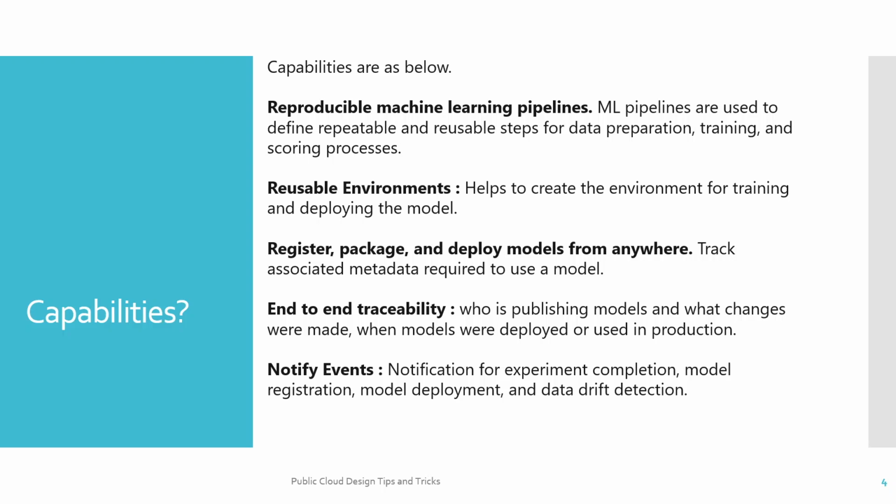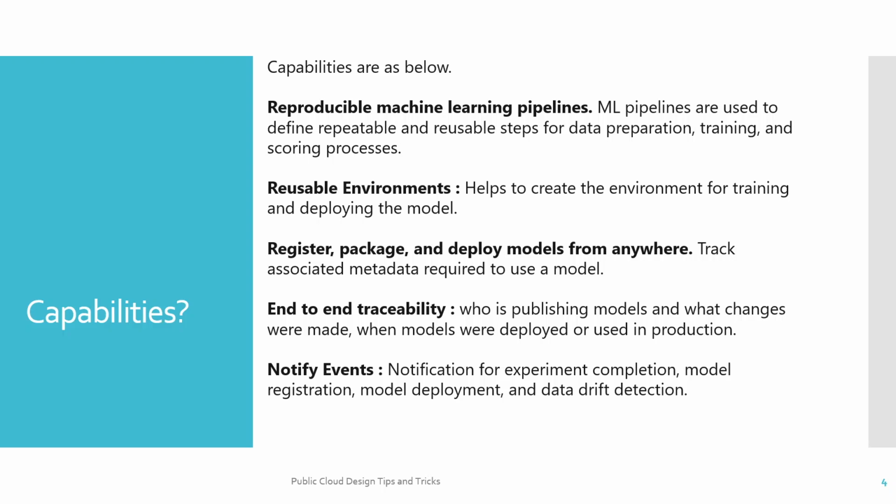It is also used to create reusable environments. What is a reusable environment again? It helps to create the environment for your training and deployment of the ML model, so basically where the model runs.